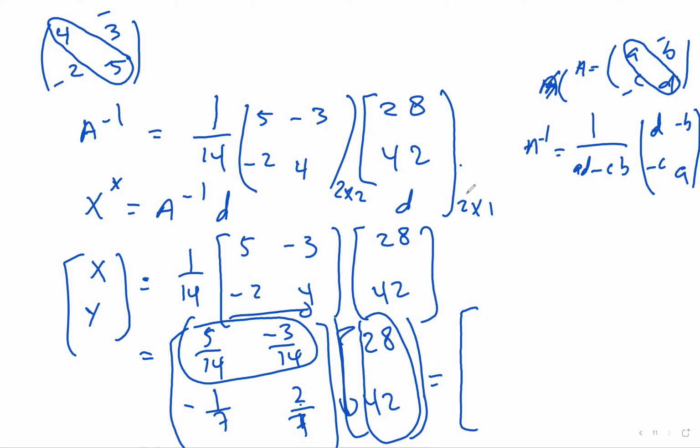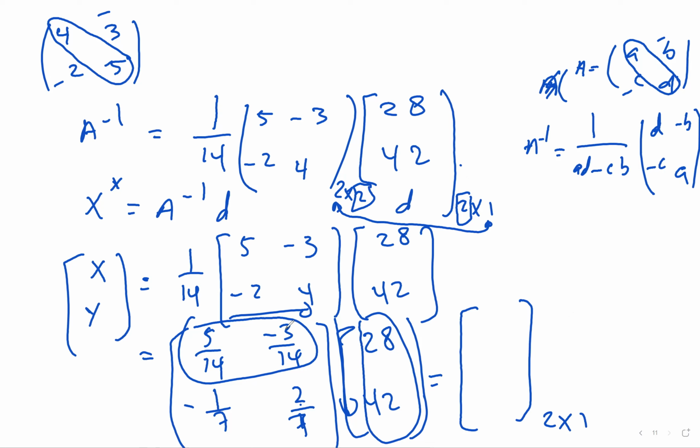Matrix operation says that if the columns of the first matrix and the rows of the second one are equal, that means you can do the operation. And what this 2 and 1 is telling you is that you will get a 2 by 1 matrix. So let's do the operation.